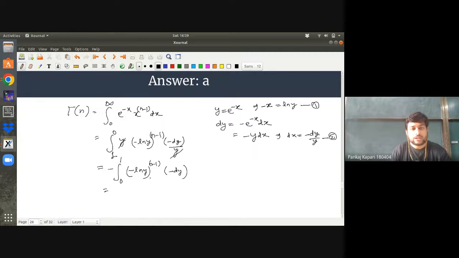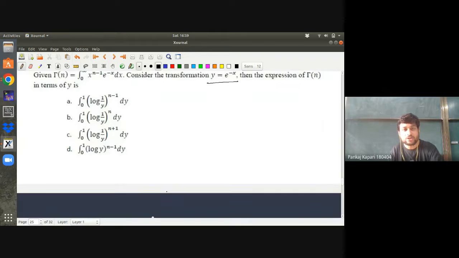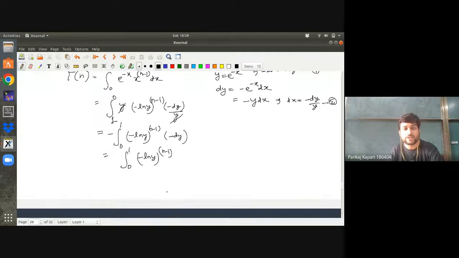So these two minus signs will become plus, and you will have the integral from 0 to 1 of minus log y to the power n minus 1. But this is not our answer, right? Because we are having log of 1 by y.